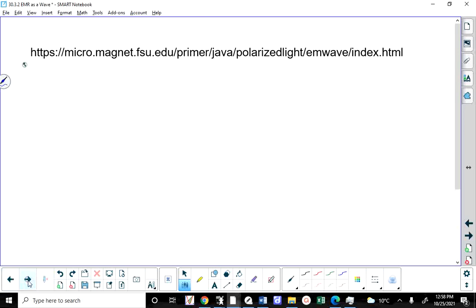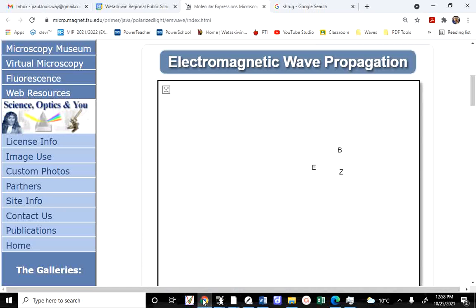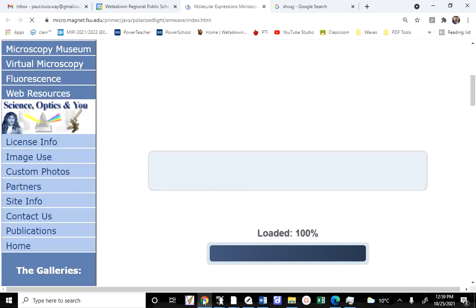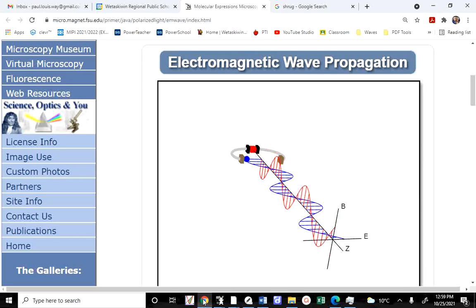I'm going to show this to you because I think it might be beneficial for you to see what this looks like. And it crashed. So what you're looking at is an electromagnetic wave traveling kind of out of the board towards you. For the most part, the electric field on this is blue and the magnetic field is red.